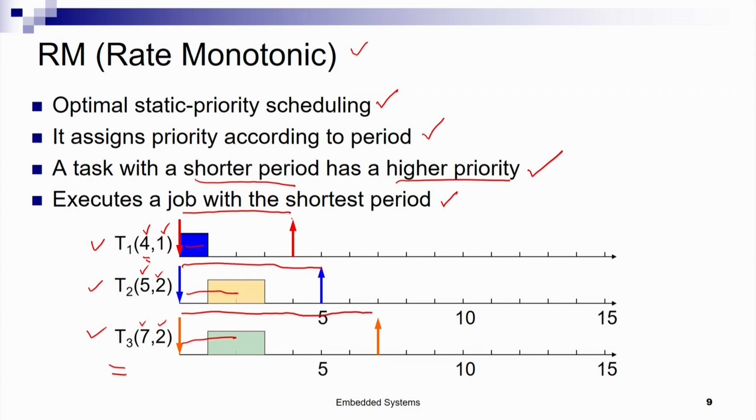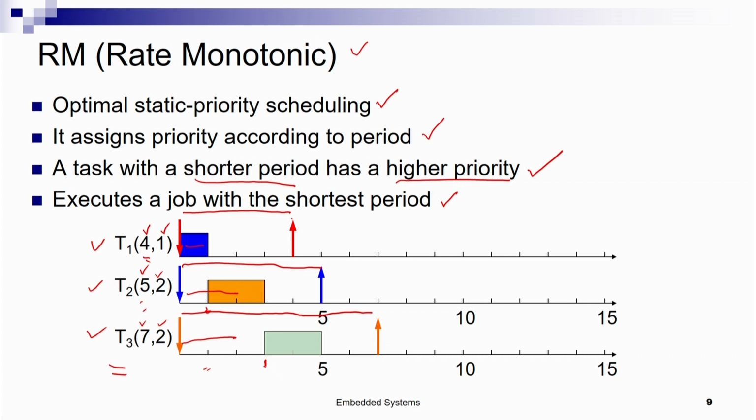So, at time 1, I only have 2 jobs, one of T2, one of T3, and among T2 and T3 the job of T2 has higher priority because it has a lower period. So, the first job of T2 completes its execution.